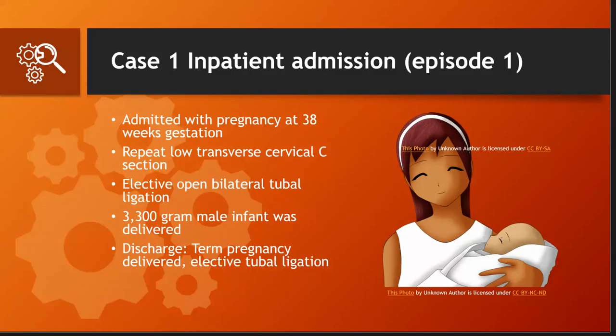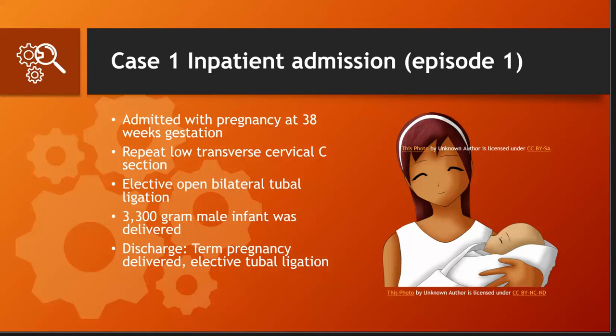So the first one is a patient who is pregnant at 38 weeks gestation. She has had in the past a cesarean section noted in the clinical documentation as a low transverse. She is also coming in for that procedure to be repeated, and she is also asking for a tubal ligation.